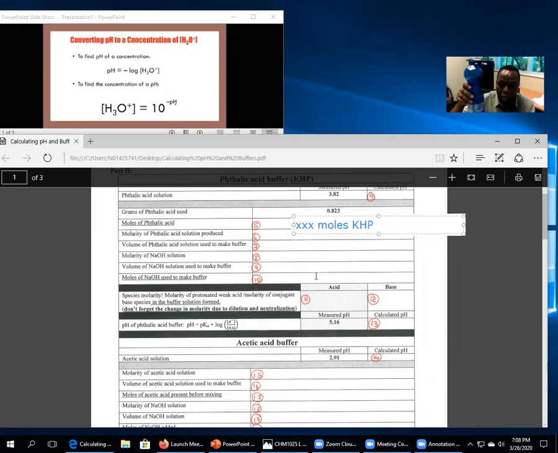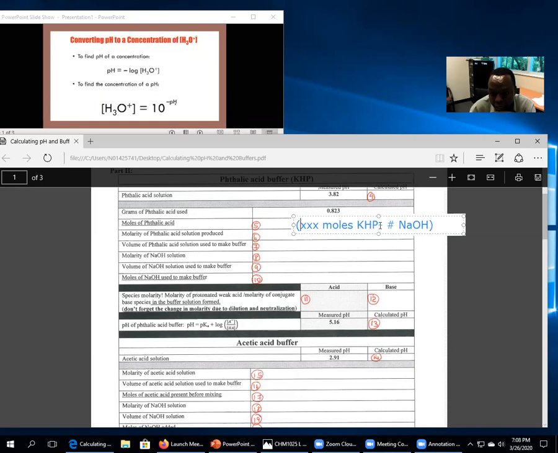So if I started with the acid, I'll have to convert half of it into the conjugate base. So these are minus the number of moles of NaOH. You should be able to find the number of moles of NaOH. So if I do this calculation for line 11, I know what I started with, the number of moles of KHP.